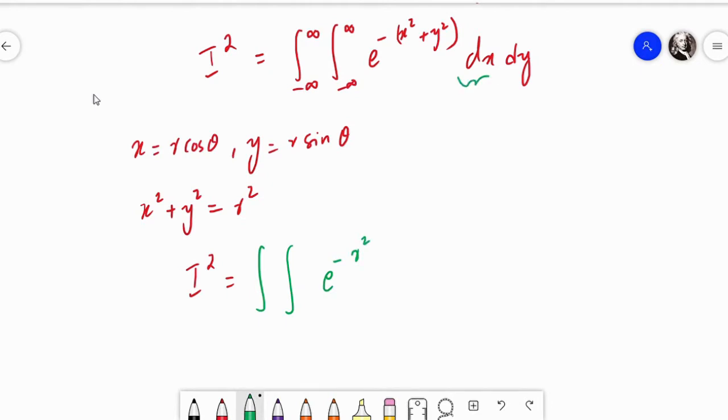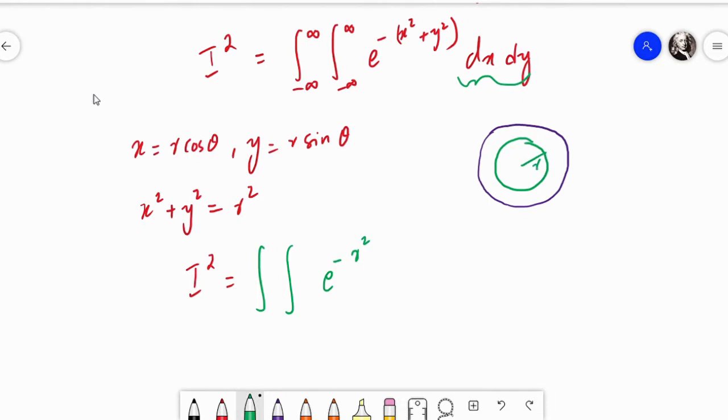Because dx dy is the differential area, what's the differential area in polar coordinates? Let us assume that we have a circle, and let us take another circle that's just dr bigger than the initial radius.